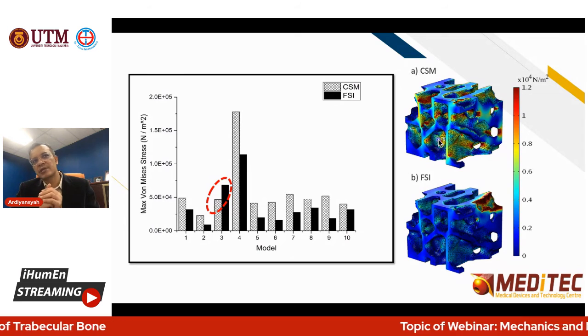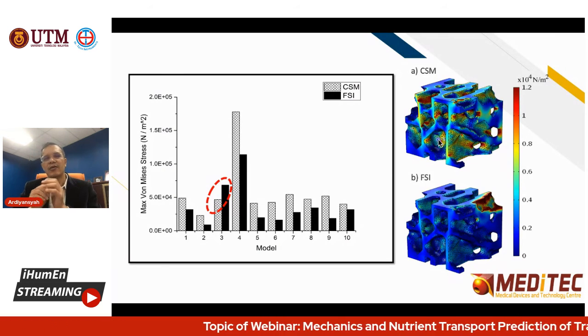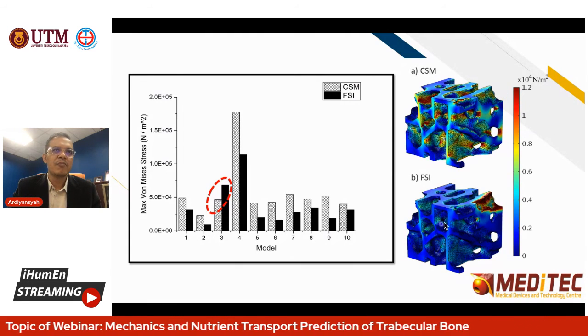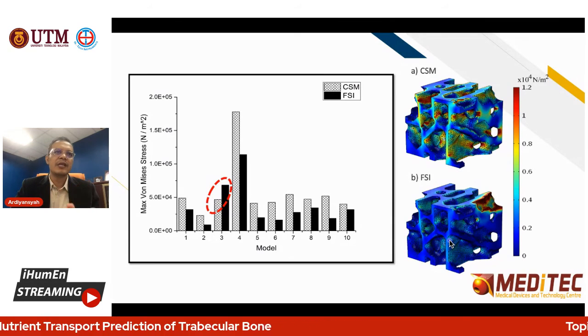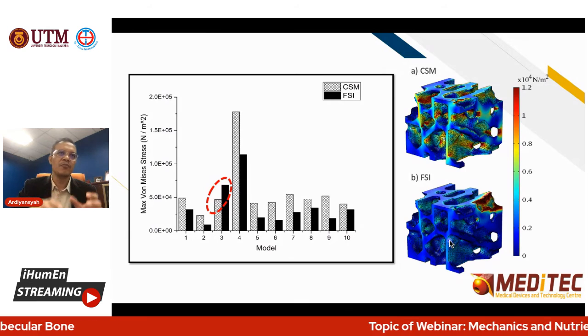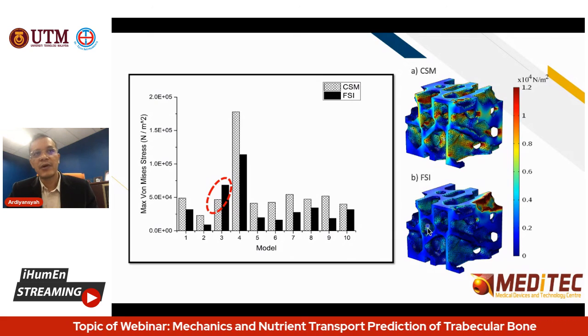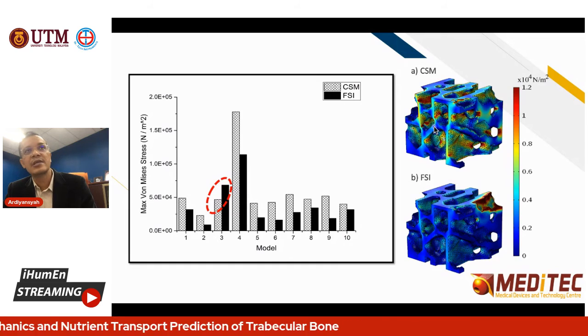If you look at B, the fluid structure interaction, the red color is only at a specific point, but in the cancellous bone, the pore size here does not take high stress because there is an absorber. There is support from the marrow. That's why the stress here is not too high compared with the purely solid mechanics.